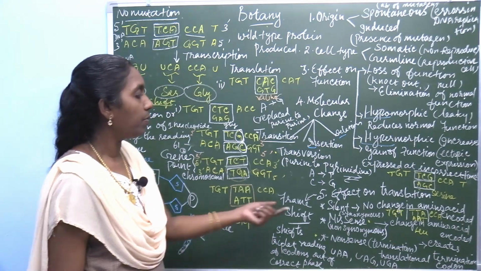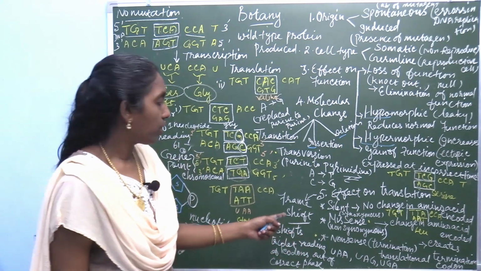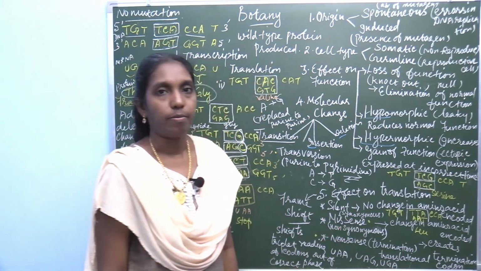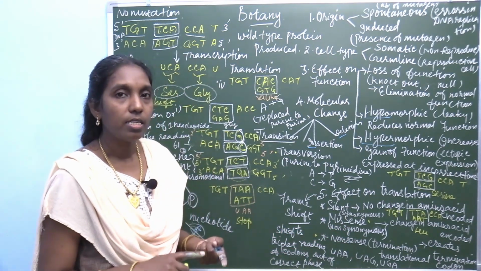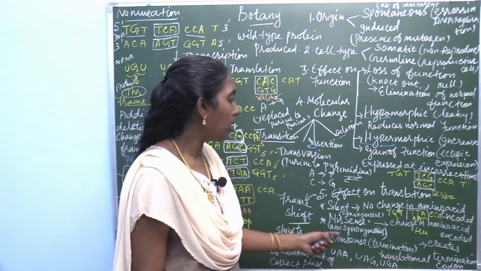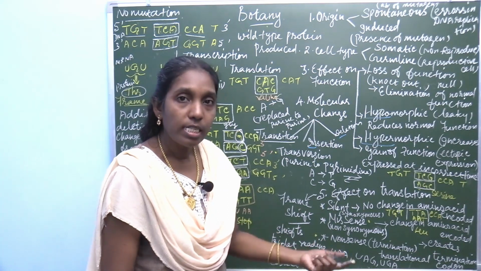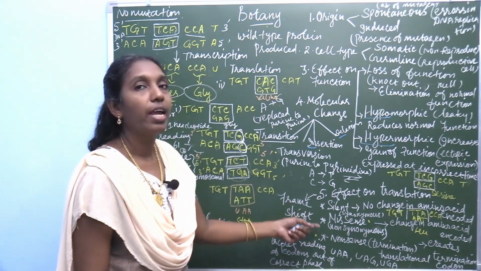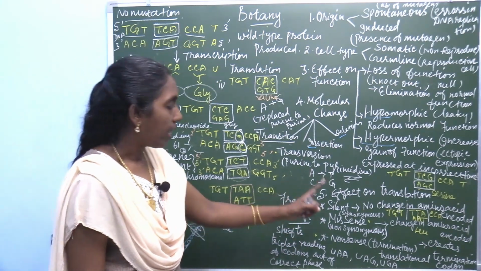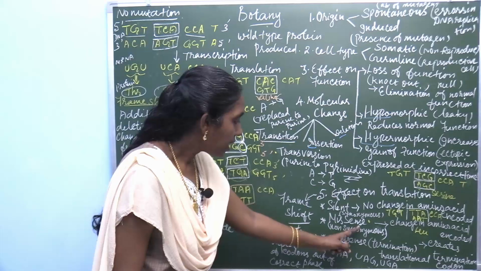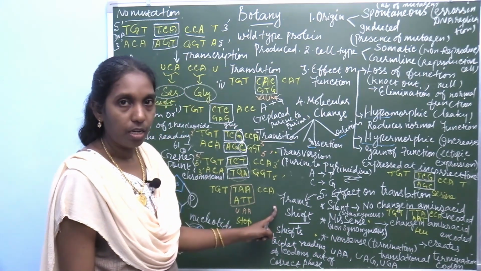There are 4 different types. Silent mutation is otherwise called synonymous. Missense is otherwise called non-synonymous.